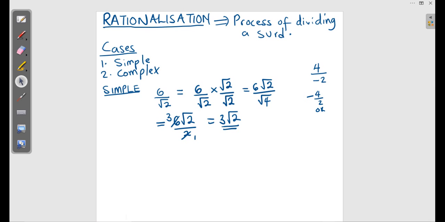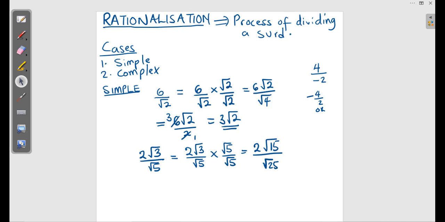What happens if I have a question like this: 2 root 3 over root 5? The same process. That gives you 2 root 3 over root 5 times root 5 over root 5. 2 root 3 times root 5 gives us 2 root 15, and root 5 times root 5 gives us root 25, which is 5. So that gives us 2 root 15 over 5.